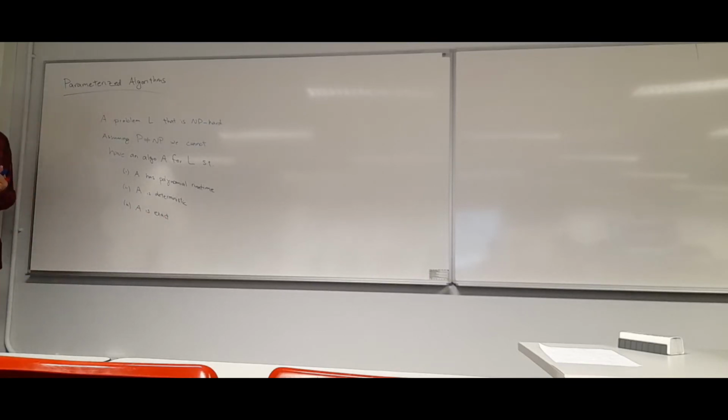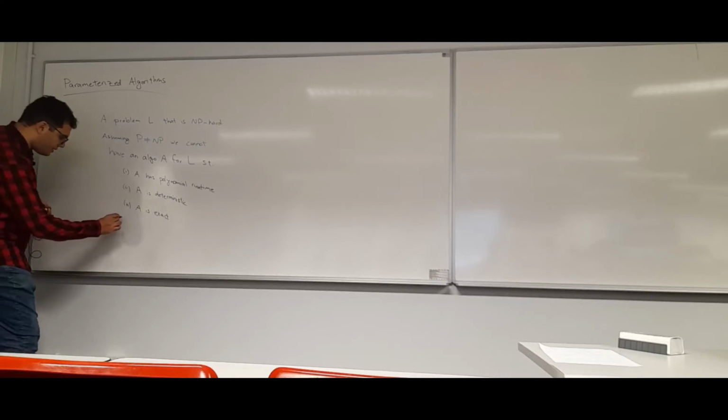So I might have an optimization problem that is NP-hard, but I might be able to find an approximate algorithm for it. And if you think about it, we had one example of this before. There was max-cut, right?